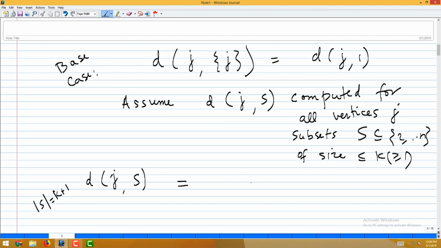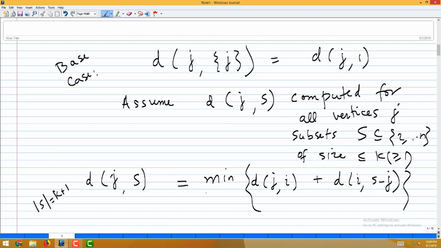So, I go from j to some i in S, then start from i, D(i, S minus j), plus d_ji, and find the minimum of that over i. I is in S, because you want to visit S minus j.